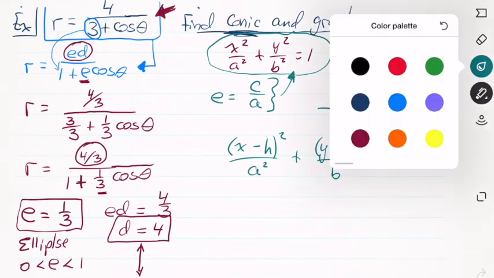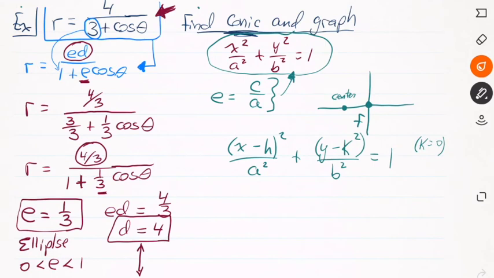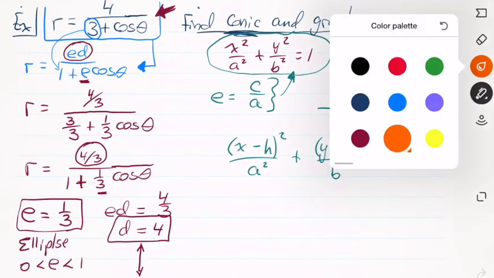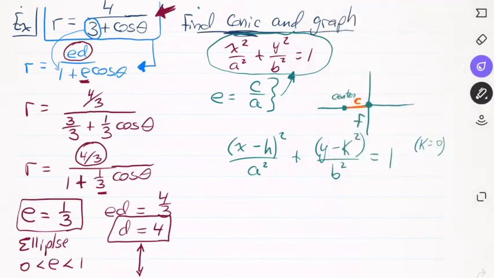Then this distance from the center of our ellipse to the foci is going to be c. And let's go purple. This distance from the center to wherever the vertex is, i.e. the vertex, this distance will be a.